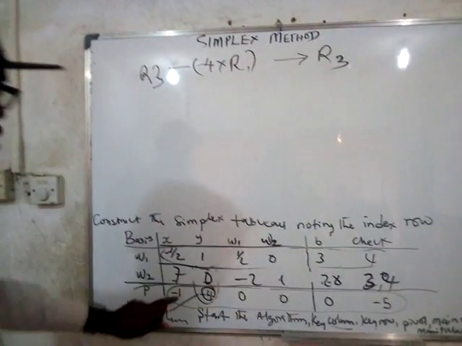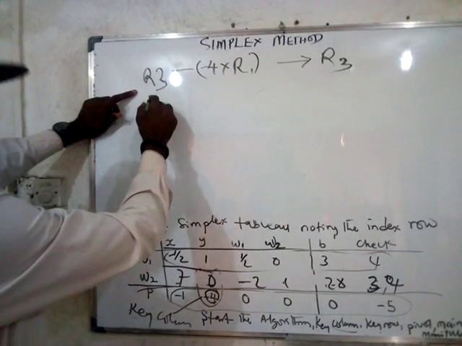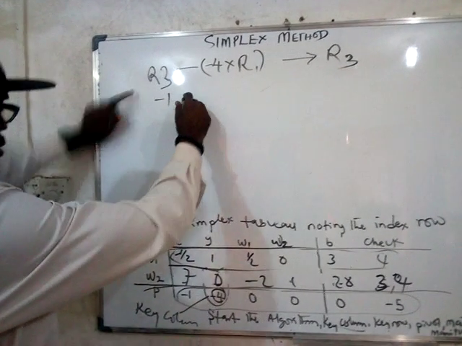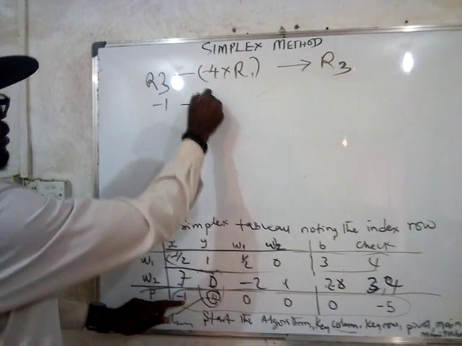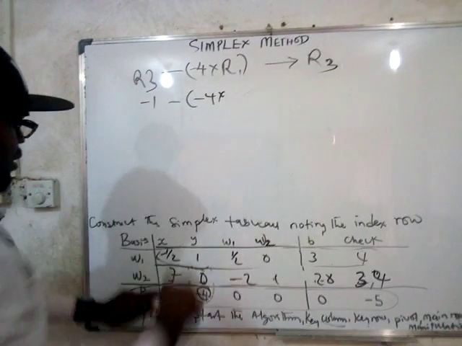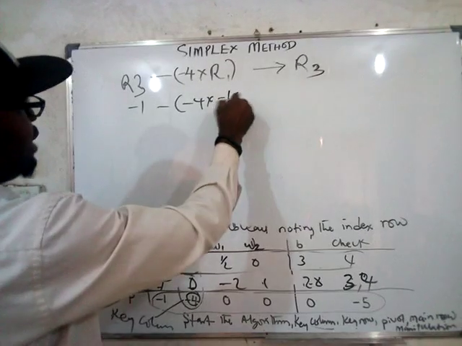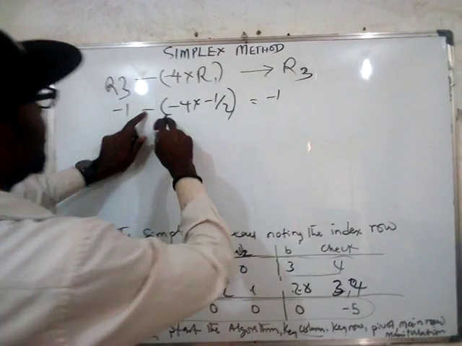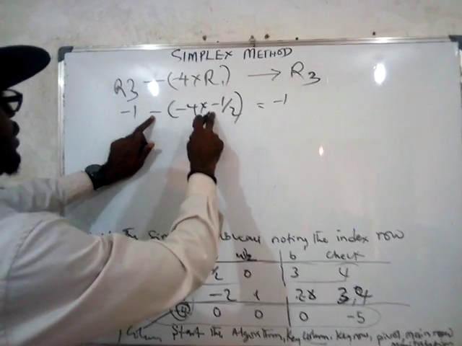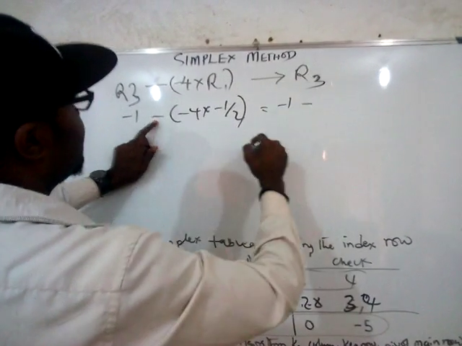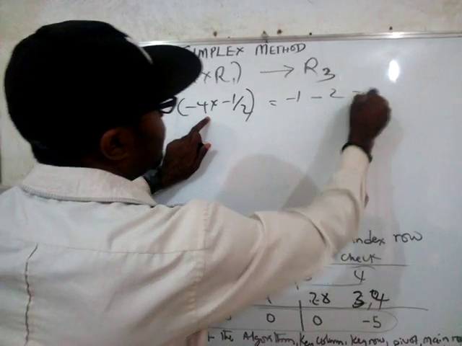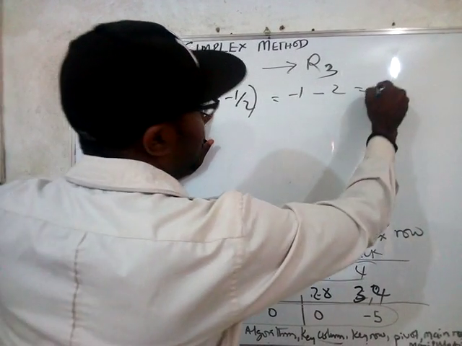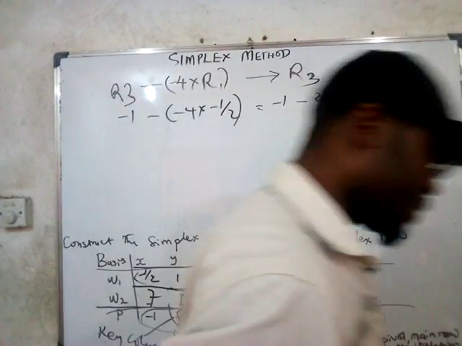Doing that, what will I have here now? I'll have minus 1 minus 4 times the row 1, which is minus half. So this will give me minus 1, minus times minus is plus, this time this is 2. This will give minus 1 minus 2, minus 3. Is that?